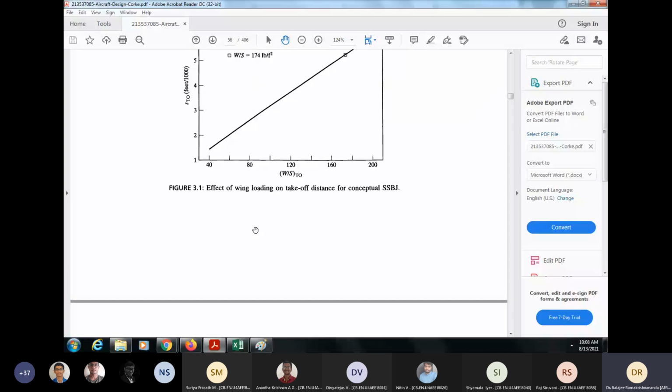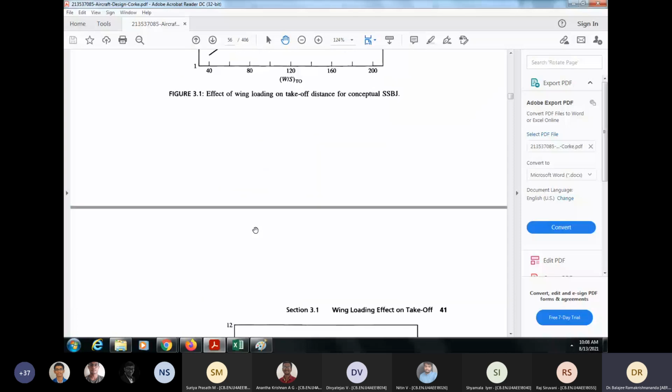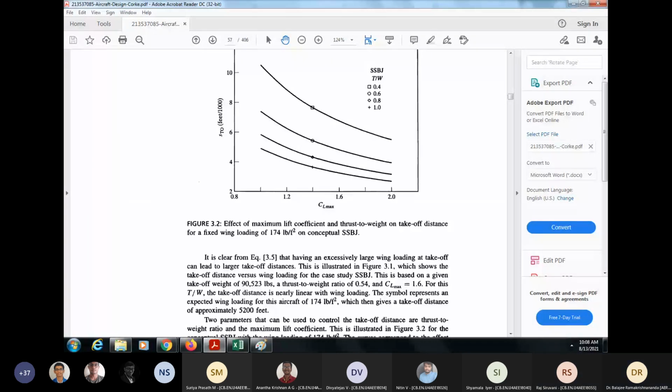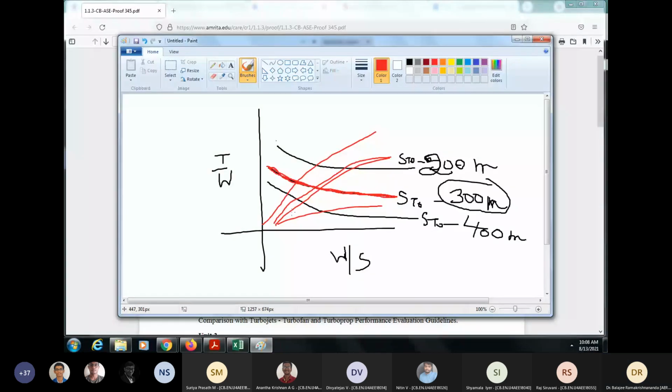This is what I want for. Similarly, say your STO is fixed, but you want to vary the CL max. You are not getting a proper result later or something, so you quickly want to see whether increasing CL max will help. You see what I'm telling?